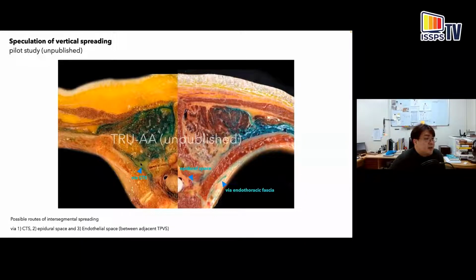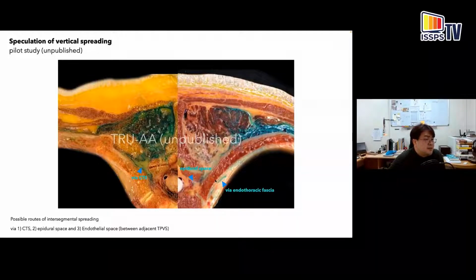This dye spreading pattern within the CTS strongly implied that the CTS could be an intersegmental conduit pathway in the ITP block. Second, the dye continuously stained the epidural space in some serial sections.